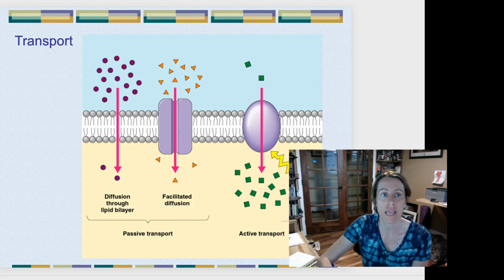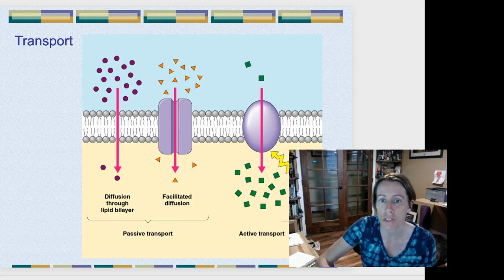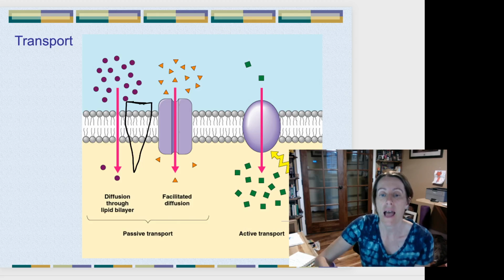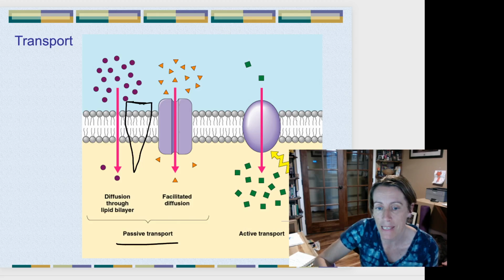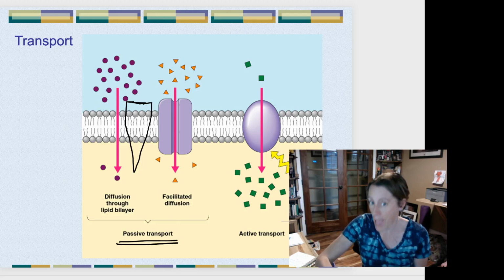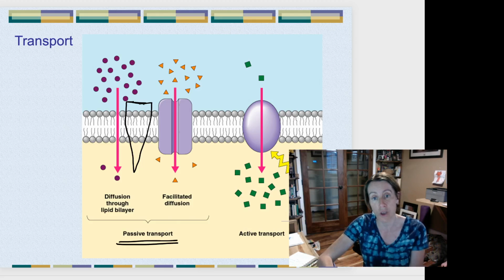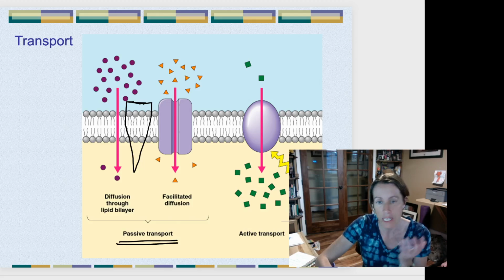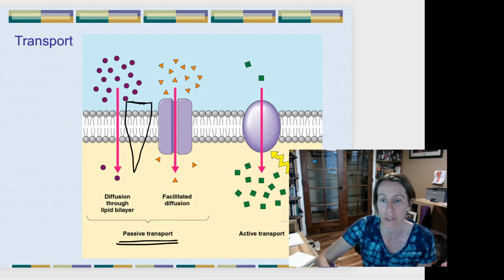And in both these cases, if I was to draw a concentration triangle for the solutes, for the purple circles or the orange triangles, the triangle would look like this. And these are examples of passive transport. This is just going to happen in this direction on its own without any help or any pushing. It's just the way the molecules will go by nature.